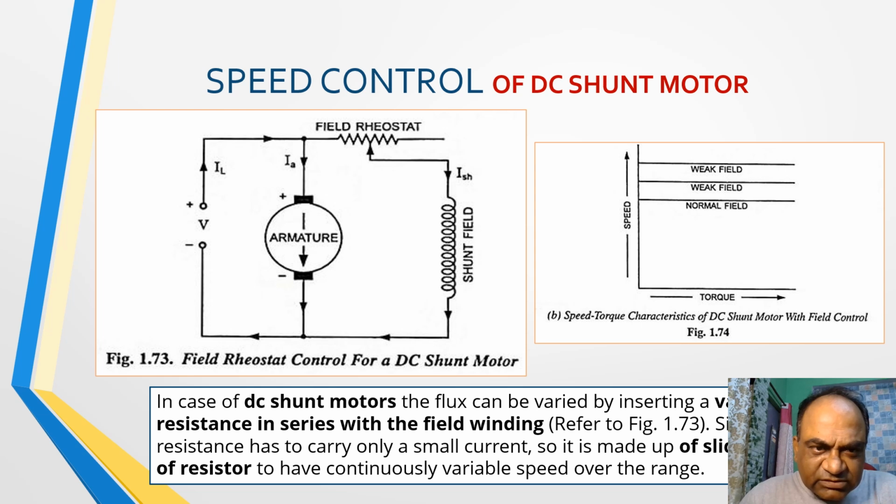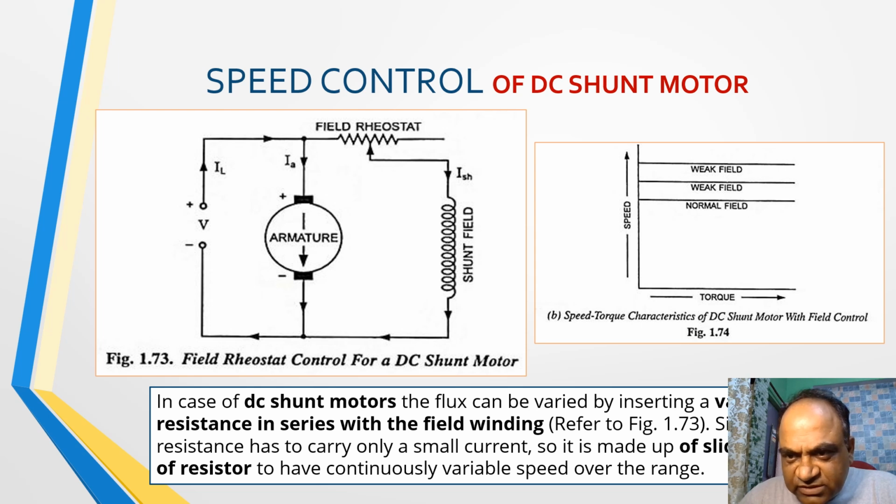As we have discussed, this main load current is sourced towards two parts. One part is going towards the field, and the other part is going towards the armature. I'm repeating that.